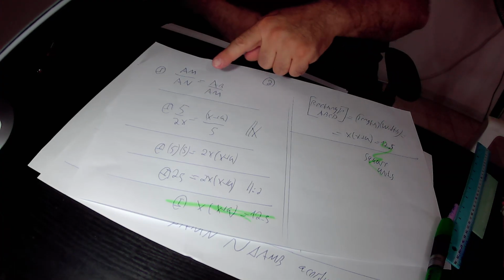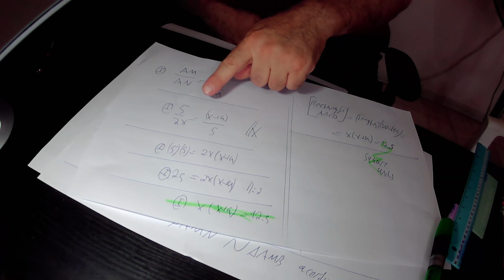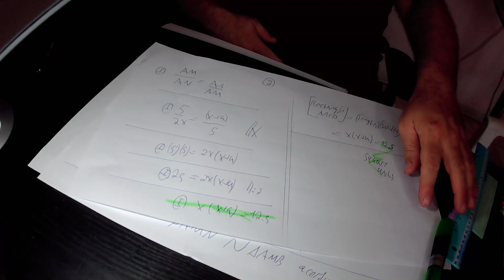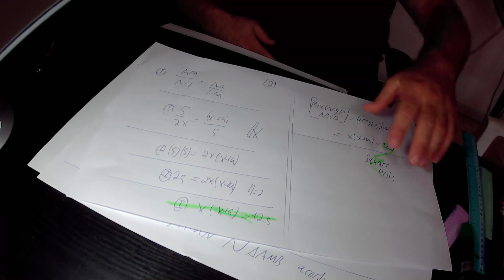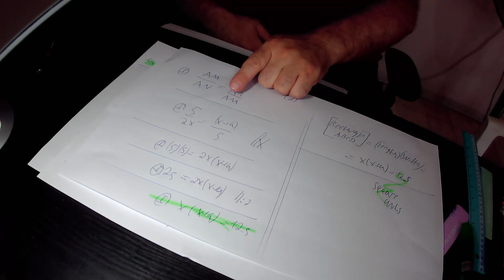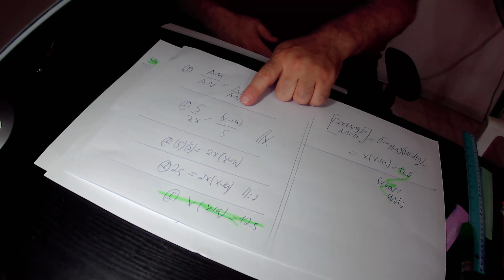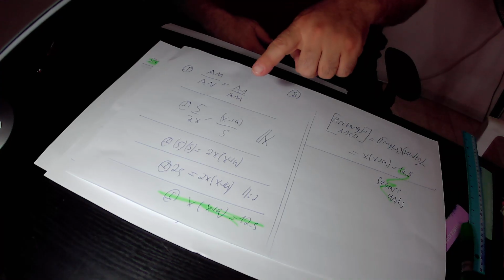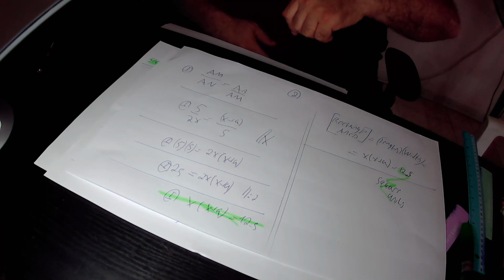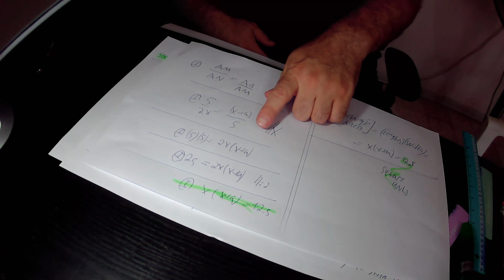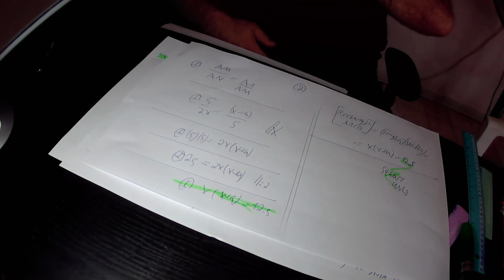AM is 5, AN is 2x, which is the diameter of the semicircle, AB is x plus a, and AM is 5. So according to equation 1, 5 over 2x equals x plus a over 5. Cross multiplying, we find that 5 times 5 equals 2x times x plus a. 5 times 5 is 25, so 25 equals 2x times x plus a.